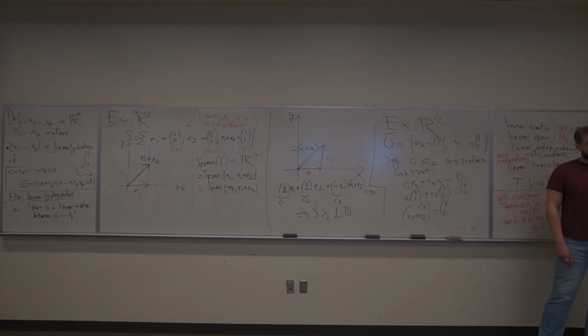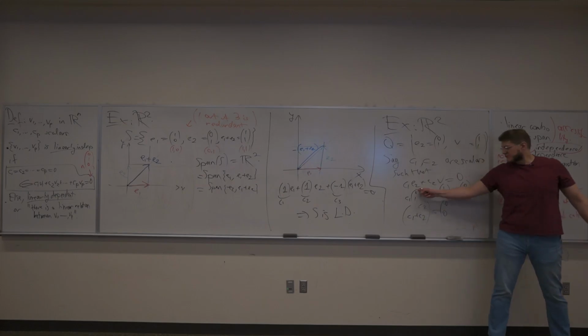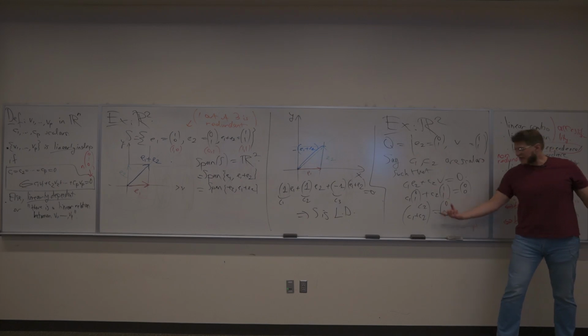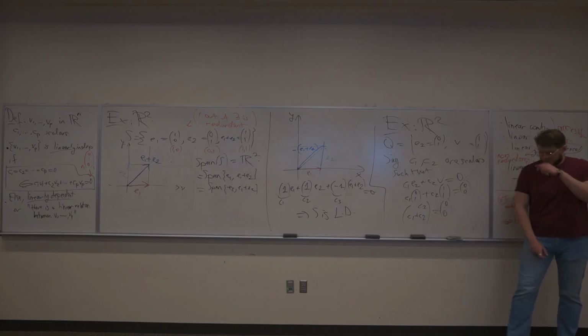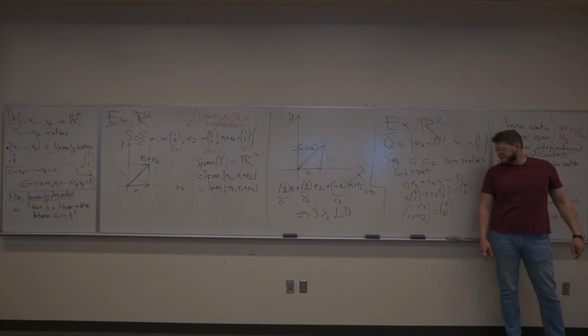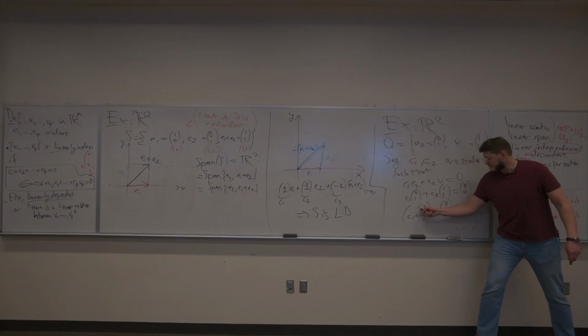How'd you get there? Distribute the scalar: this is (0, C1). Distribute the scalar, (C2, C2). Add everything: (C2, C1 plus C2) is (0, 0). You can, at this point, try to solve the system, but I hope you would agree with me that the only solution to this is when C2 is 0, in which case C1 has to be 0 also.